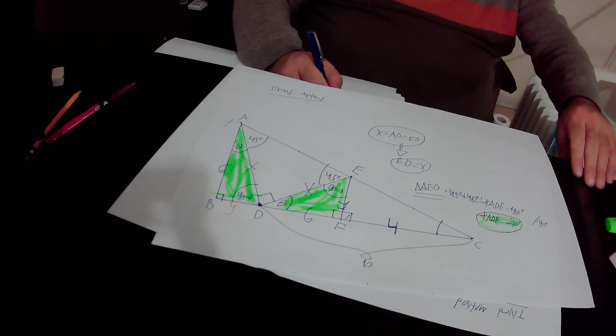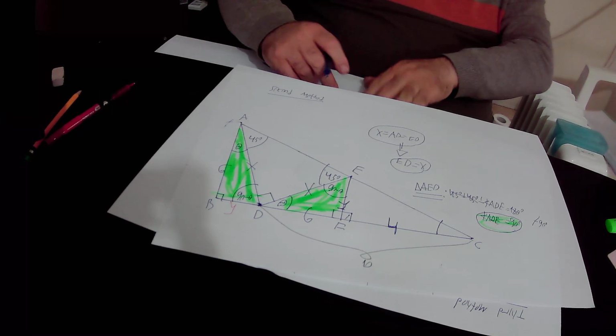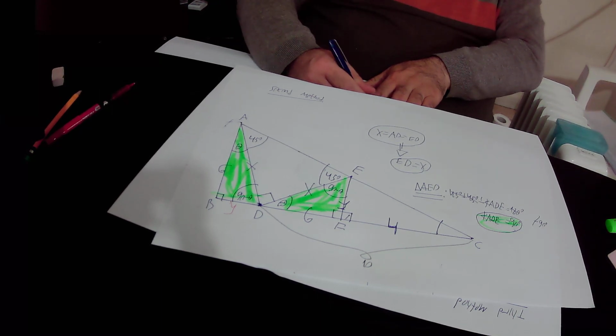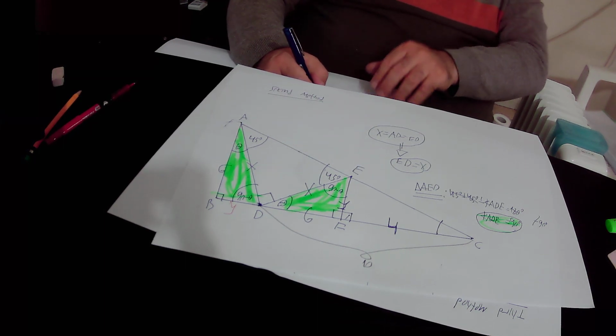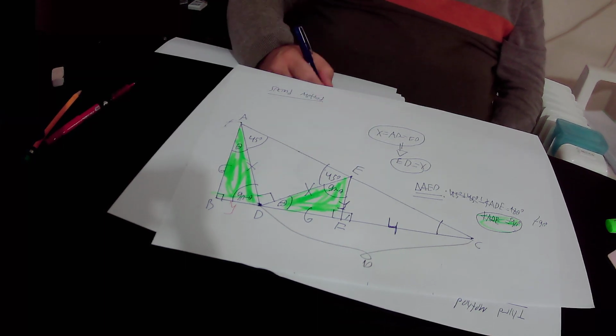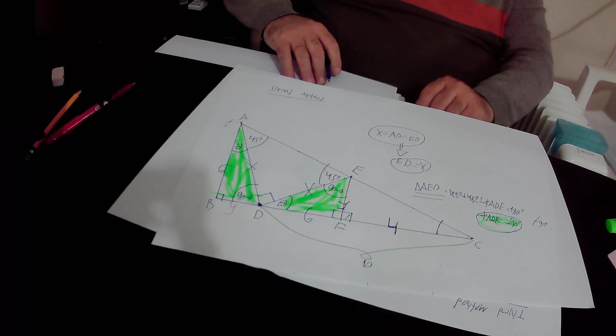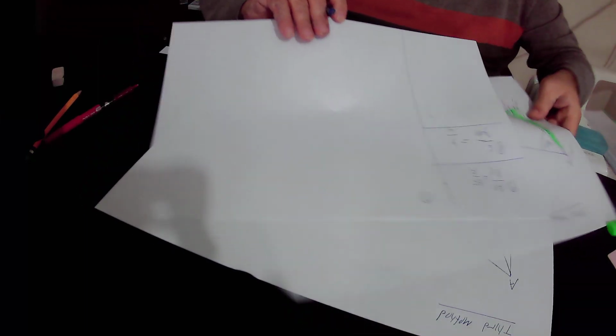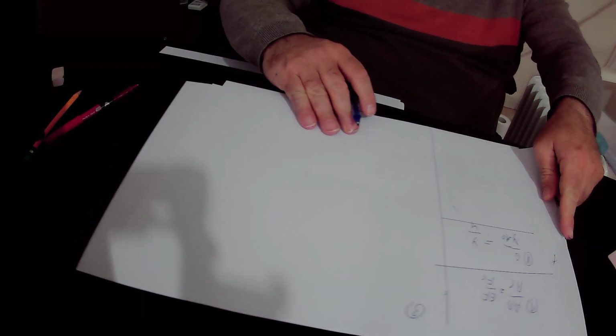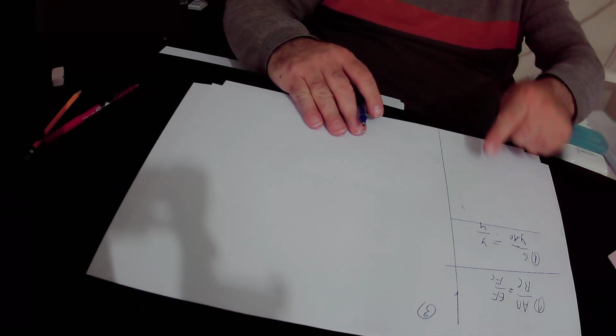And it is equal to EF, EF is Y, over FC. FC is 4. So in conclusion, we found out that according to equation number 1, 6 over Y plus 10 equals Y over 4.